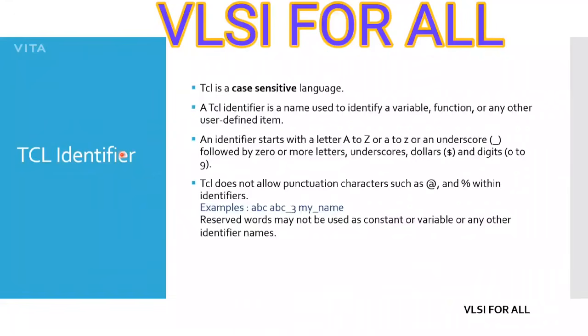We set A to B or whatever, set A to 2, 3. We do all those things. So those variables are all identifiers, which are used to identify something in your code. There are certain rules which these identifiers have to follow. It is very important to note that TCL is a case sensitive language.